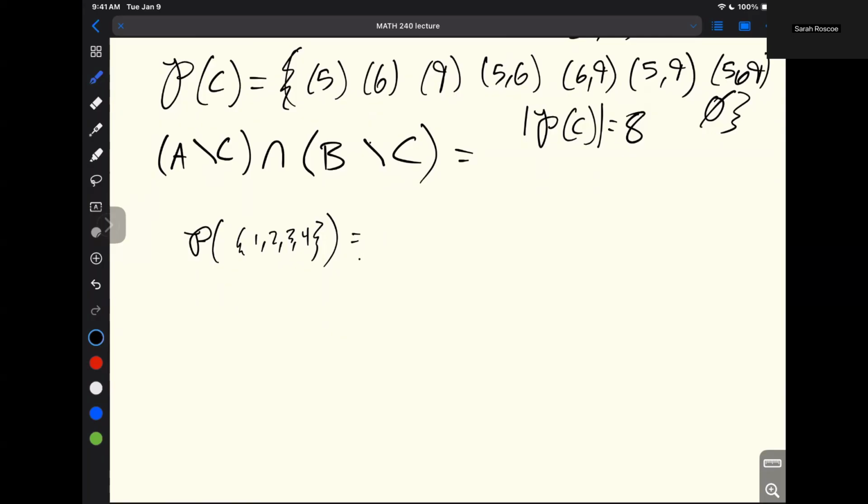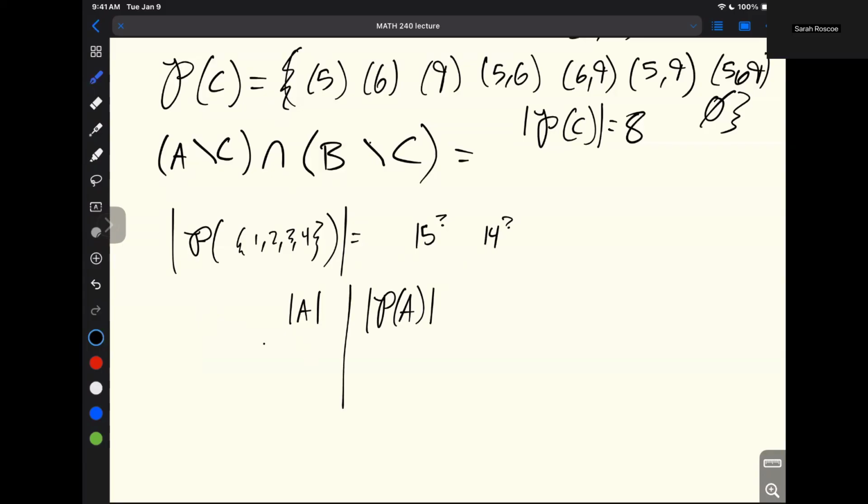Okay, I won't ask you to tell me the power set of 1, 2, 3, and 4, but would anyone like to tell me the cardinality of that set? Guess 15? 14?